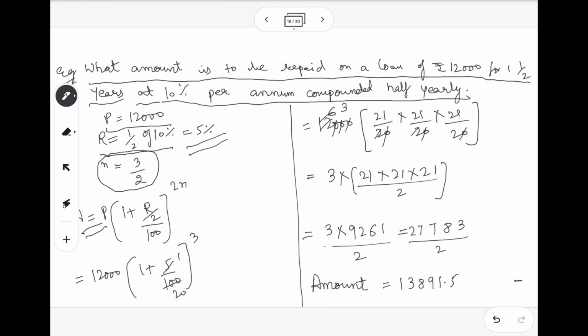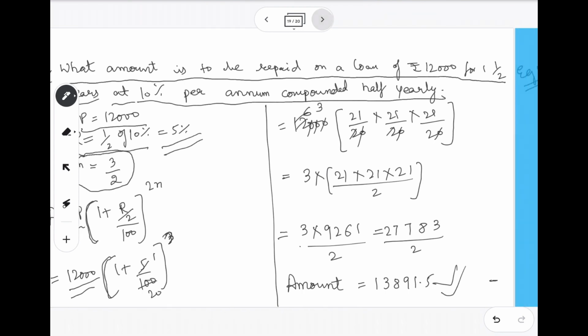So amount would be principal into 1 plus r upon 2 upon 100 raised to power 2n, which is 12,000 into 1 plus 5 upon 100 raised to power 3, which on solving gives the value of the amount as 13891.5.